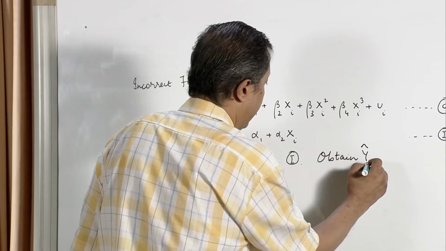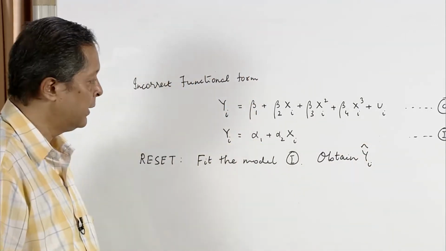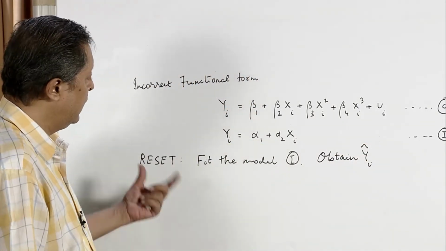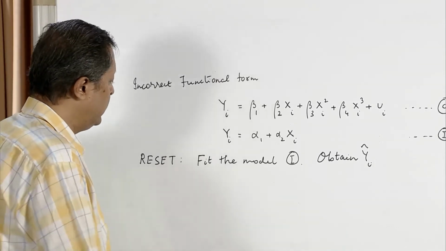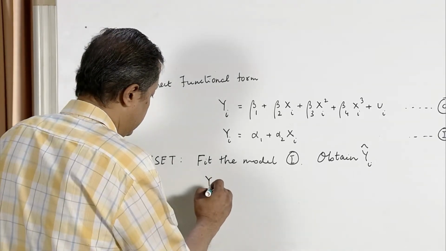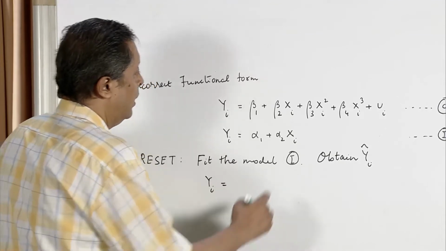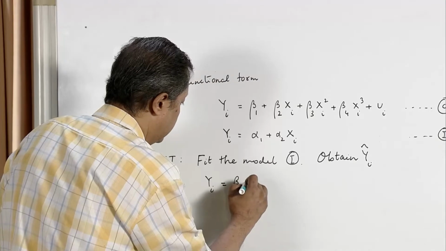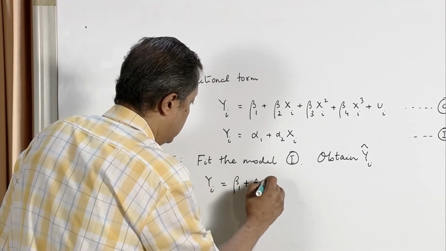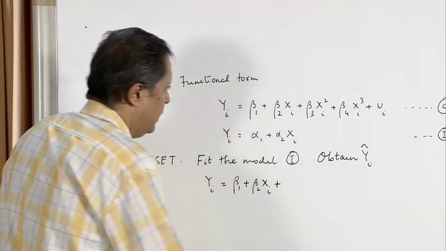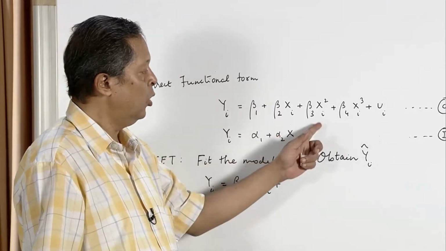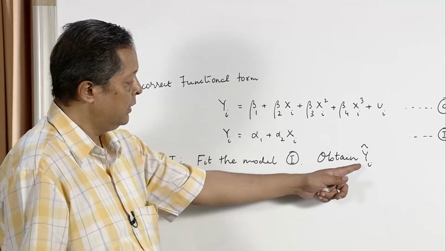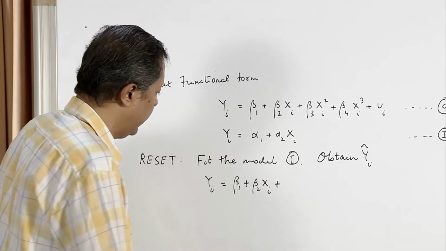So, we will get y hat i from the incorrectly specified model. Next, we regress yi on the variable x, that is beta 1 plus beta 2 xi, and for the omitted part we use the estimate that we have already obtained.